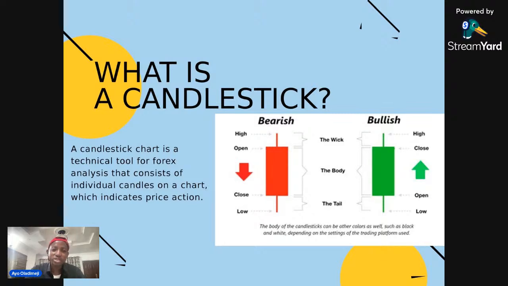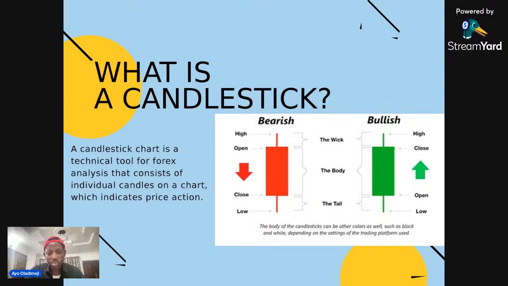A bearish candle is a candle that indicates a drop in price. It shows that the price of a particular currency pair opens at an upper level and closes at a lower level.